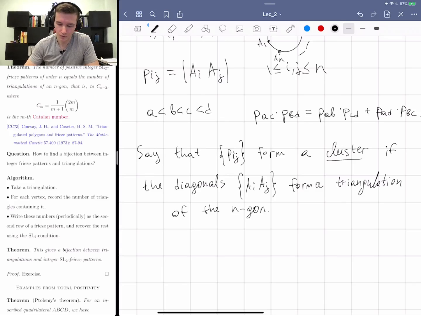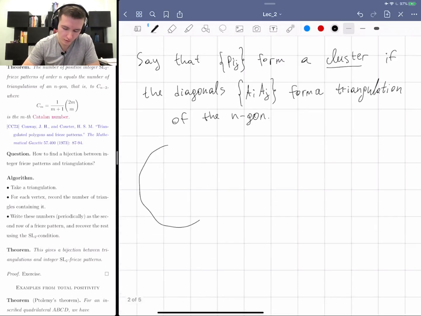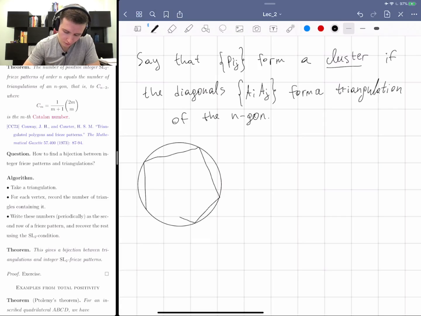So I have an inscribed n-gon, let's say with vertices 1, 2, 3, 4, 5. I choose P13 and P35, and then I also choose P15, P12, P23, P34, and P45.